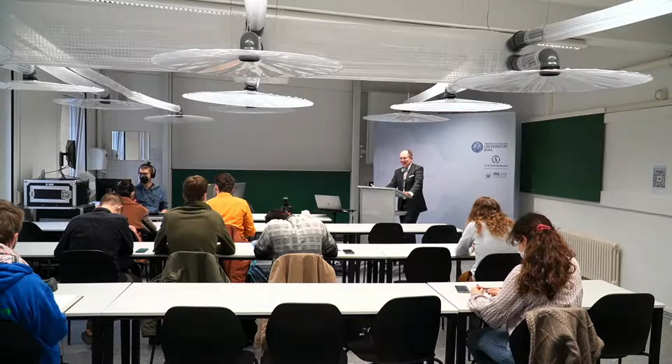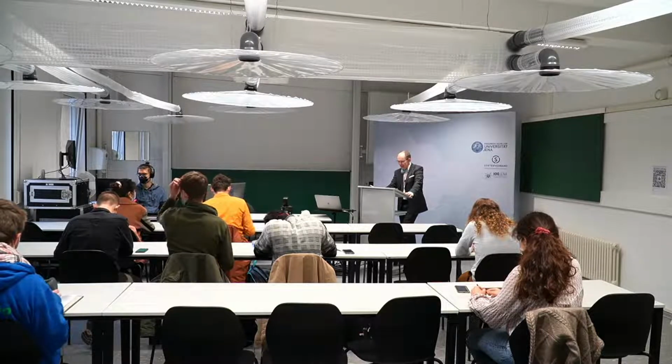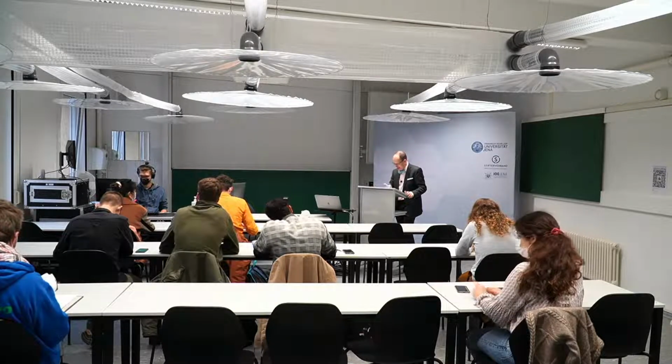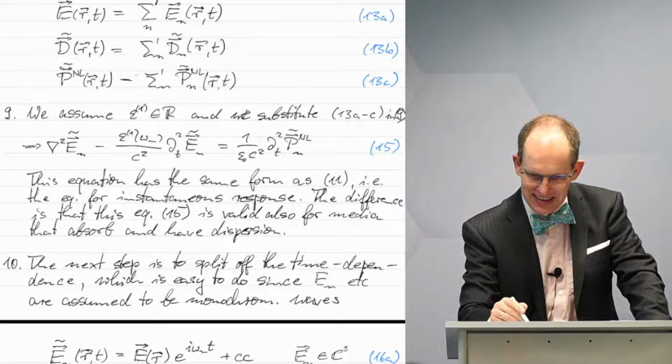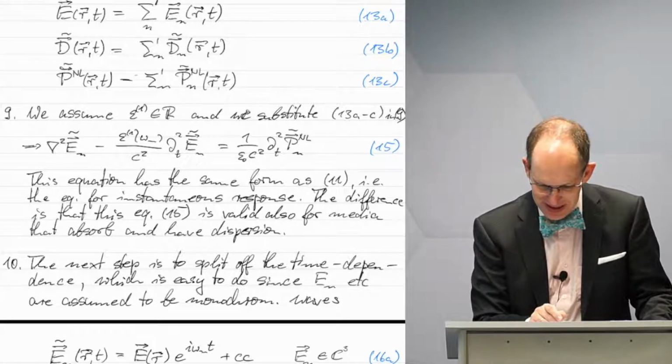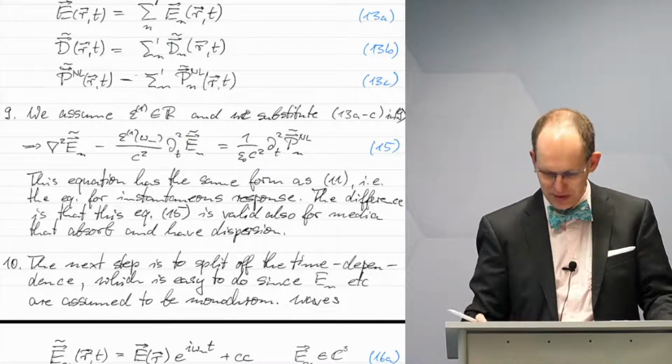Well, it's about the coupled wave equations, isn't it? And we derived this equation that has here the house number 15. So you see it's a driven wave equation. We still have here the temporal derivative.